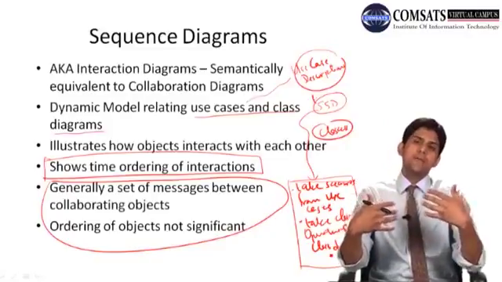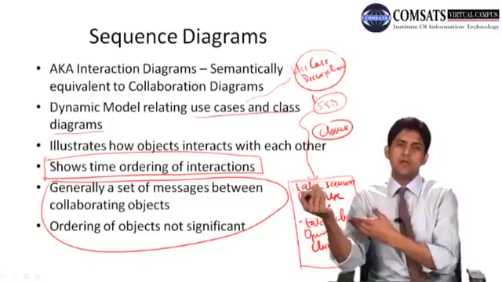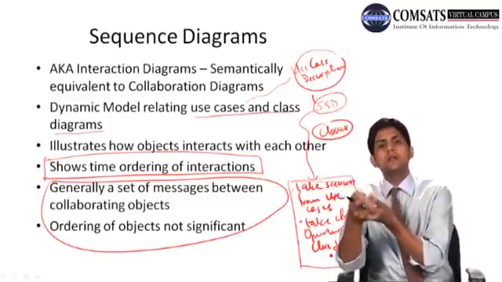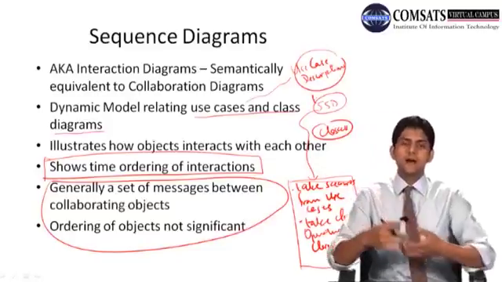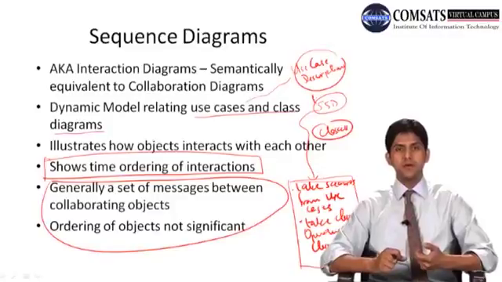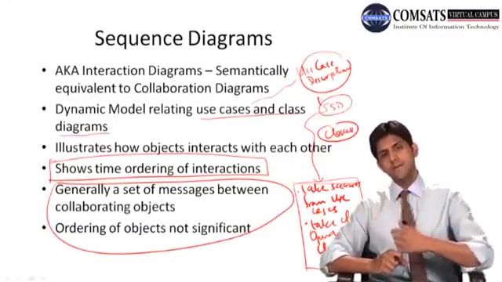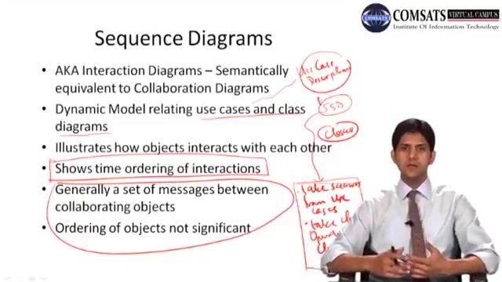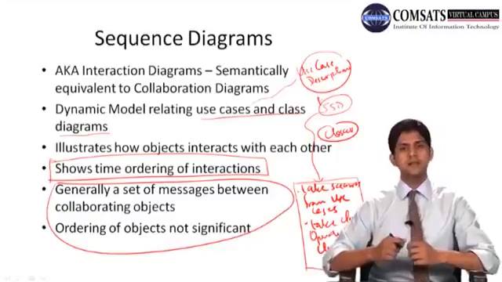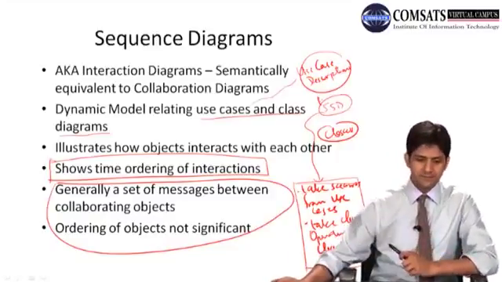The use case only tells us the actor's interaction with the system; it does not tell us how different objects will communicate with each other. A class diagram only tells us how different objects will communicate with each other; it does not give a view of how an actor is involved in a particular case. So the system sequence diagram relates these two things. It bridges the gap between the use cases and the class diagrams.